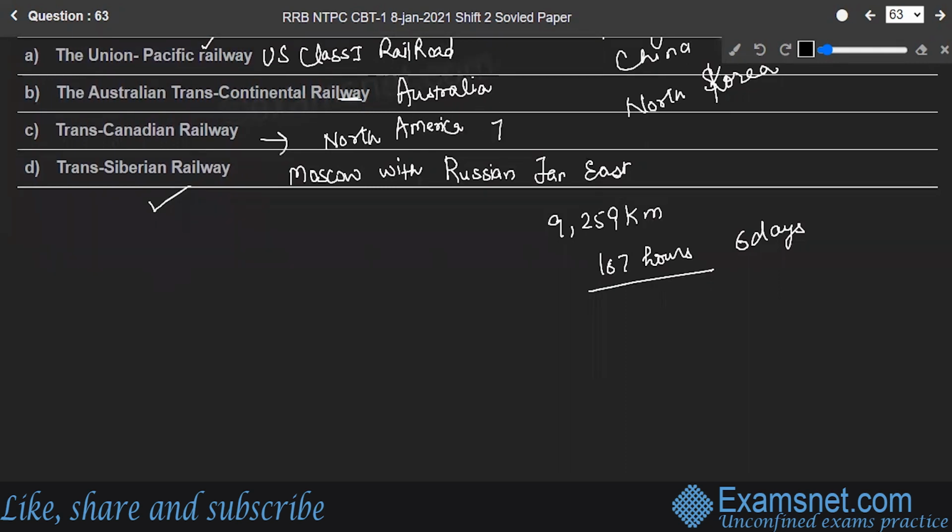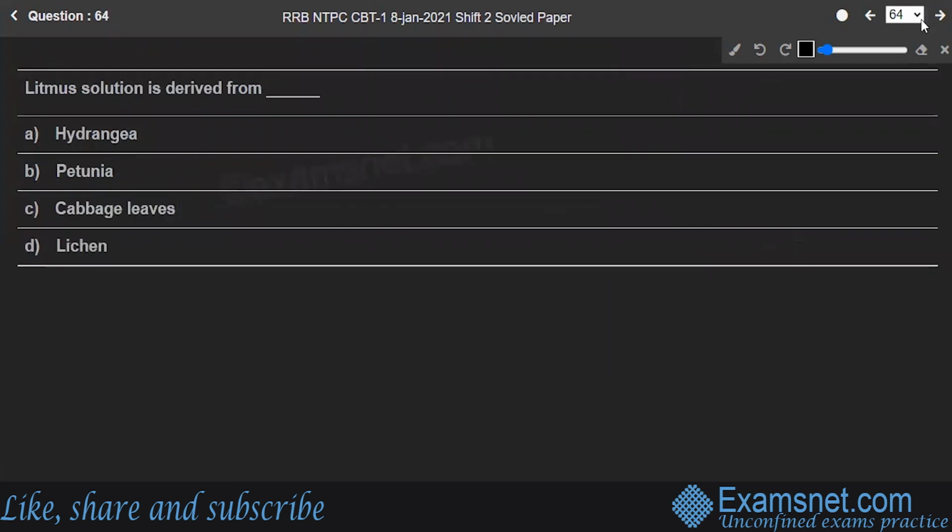It has about 7,000 kilometers of rail line. It runs between Halifax city of Nova Scotia and Prince Rupert of British Columbia. This line is the economic artery of Canada. So we have option D, Trans-Siberian Railway, as the correct answer to this question. Hope you understood this. Next is question number 64.